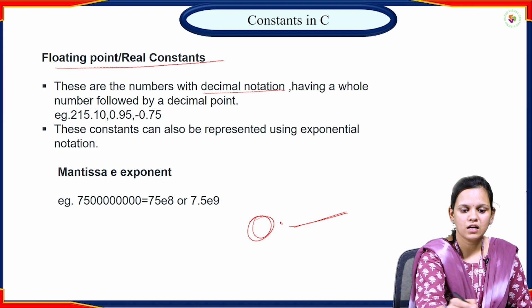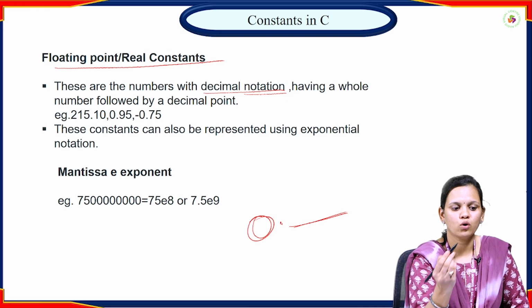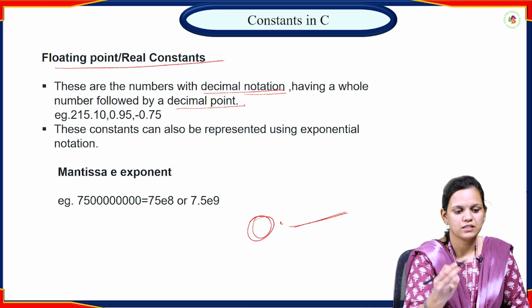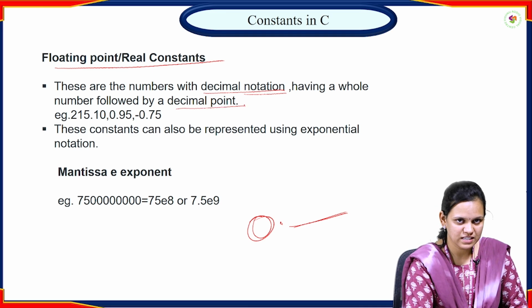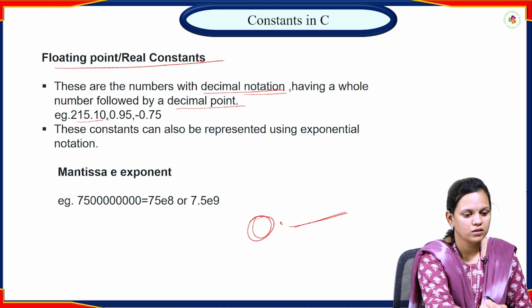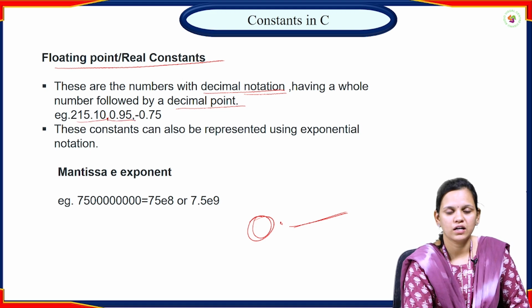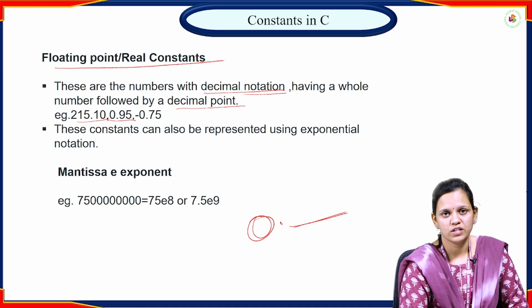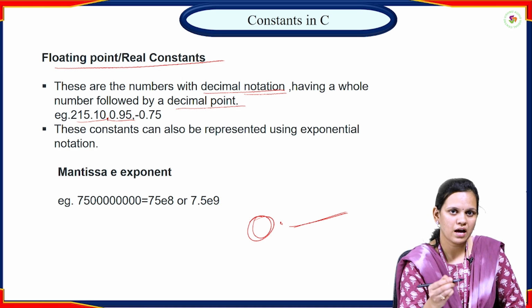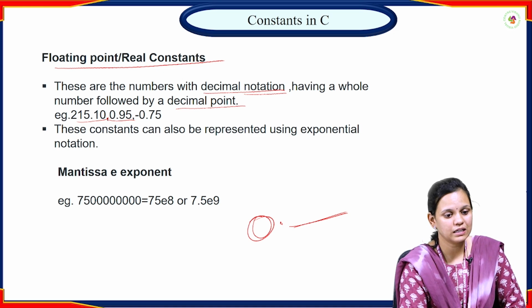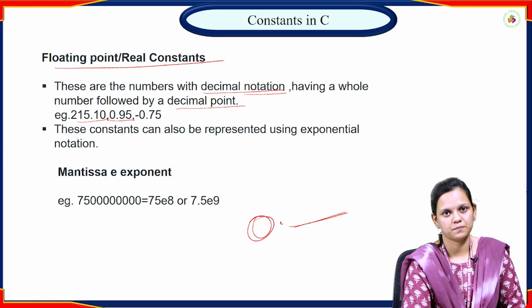Some examples of floating point are 215.10, 0.95 and minus 0.75. Here also you can have positive as well as negative floating point constants.